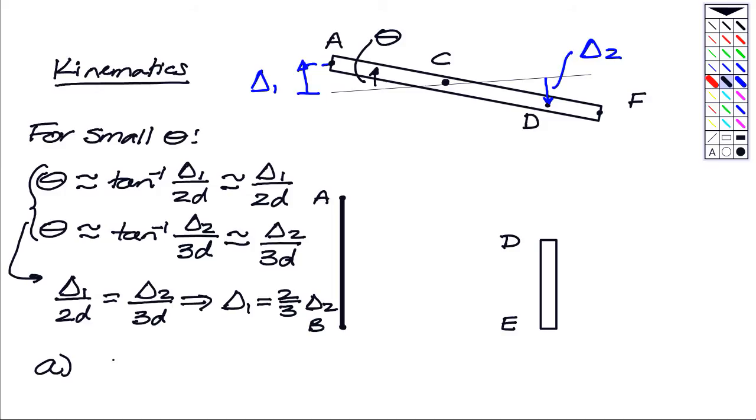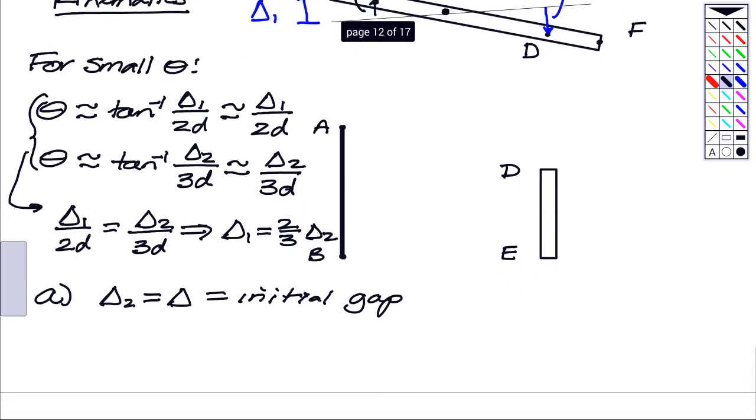we know that we've just closed the gap, so there's no actual compression of the rod. So delta 2, that is the initial gap. So from that, I can say that the strain in segment 1 is given by the amount of stretch, delta 1, divided by the length of that, which is 4D.